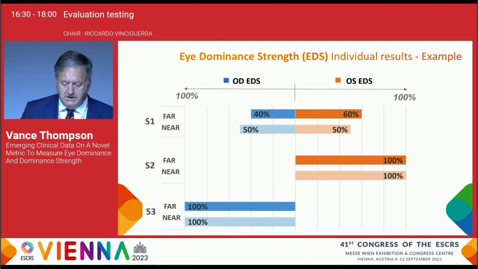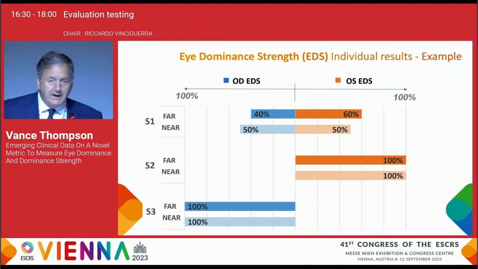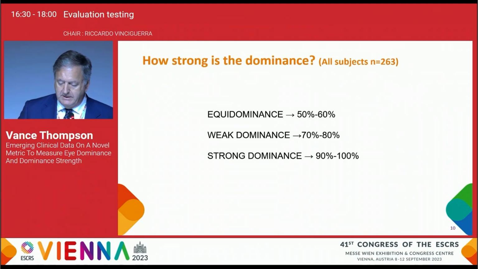You can see the top example of looking at eye dominance. It was sometimes right, sometimes left, a little shared dominance going on. And then the next patient could be very obviously left eye dominant on all 10 tests, and the next one, all right eye dominant on all 10 tests.